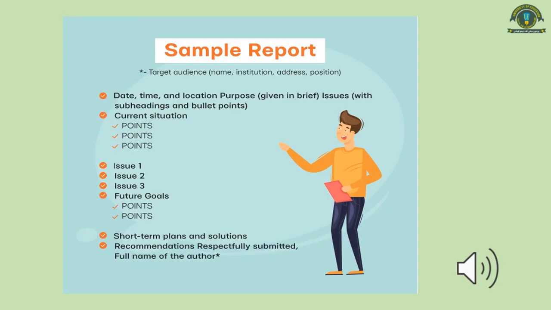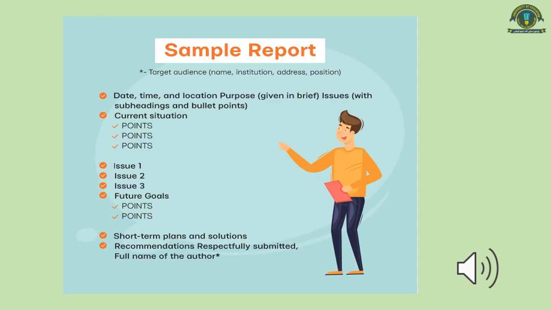Dear students, here is a sample report in which you can see that some different elements or components are mentioned. These are the elements which you have to arrange in a systematic order in order to make an effective report. Now let's have a look at all these components and how to arrange them.